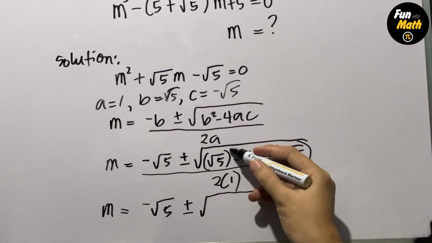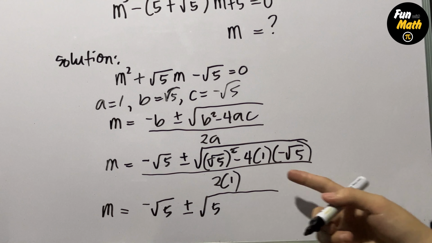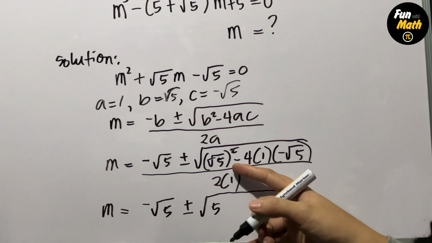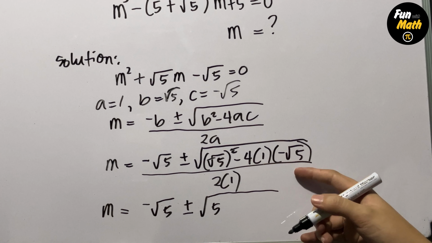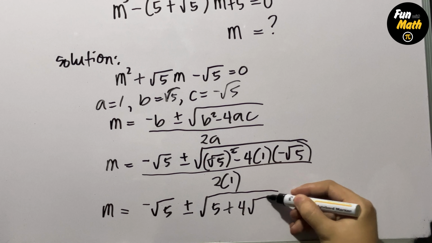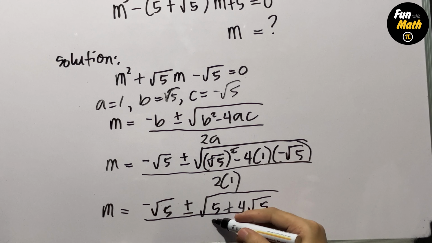There we can cancel the squared and the radical. So the remaining is 5. And then negative 4 times 1, that's negative 4. Then negative 4 times negative square root of 5, that's positive or plus 4 square root of 5. All over 2 times 1 is 2.